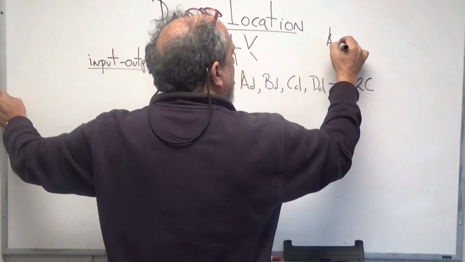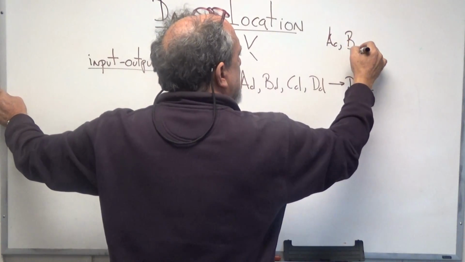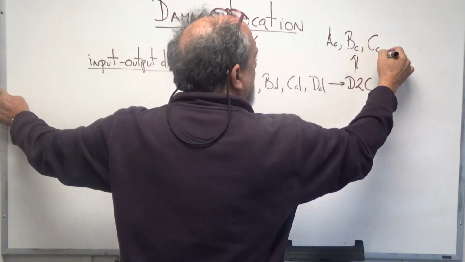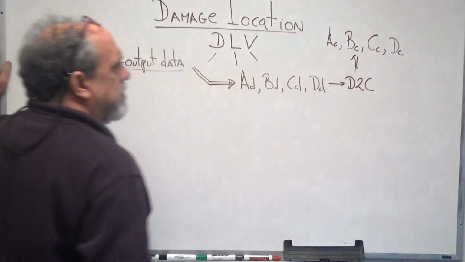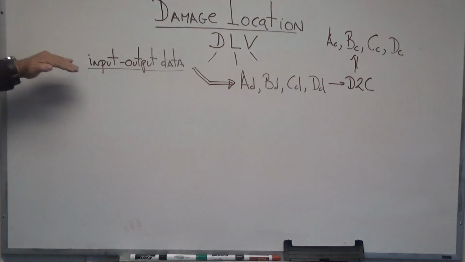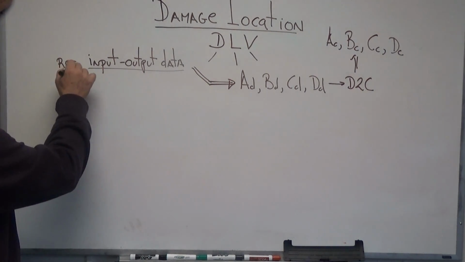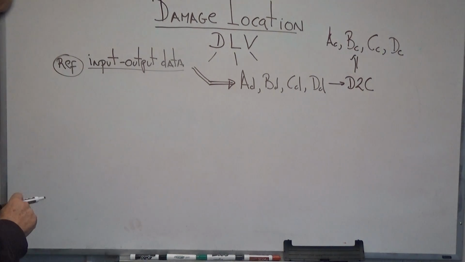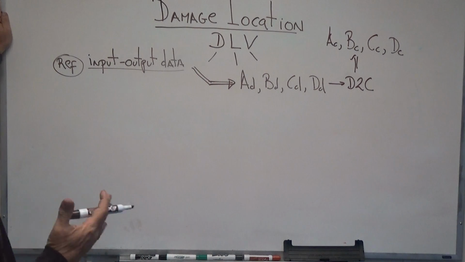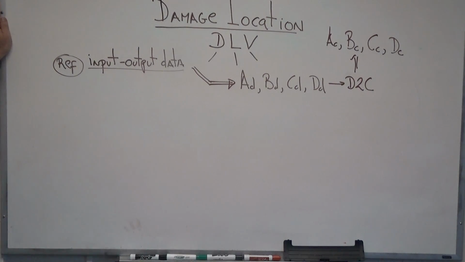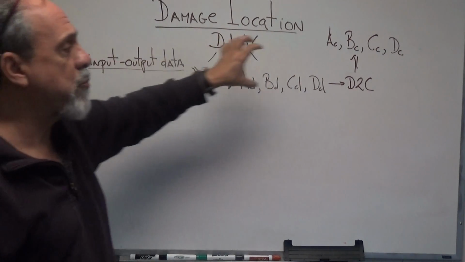And so we have A_C, B_C, C_C, and D_C perhaps, okay? Input-output data, and we could say that this occurred on the reference state. Because what we call damage is really just a change from some state to another. The structure, in principle, could be damaged right here, doesn't matter. This is what we're calling the reference.